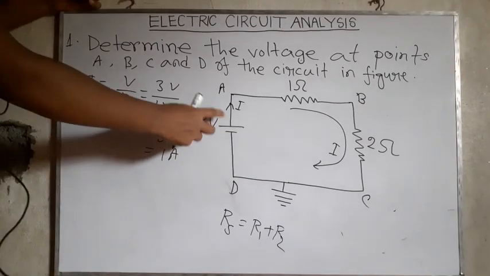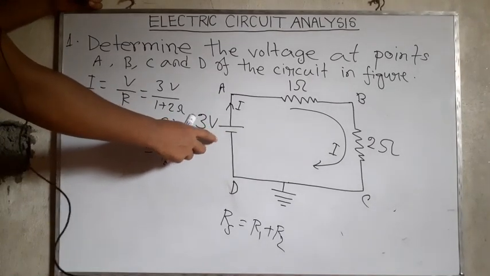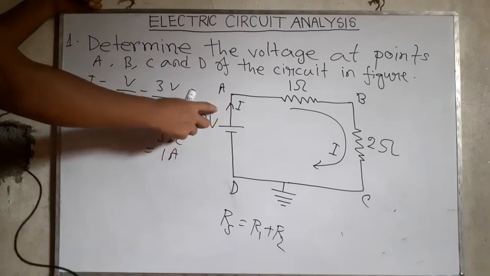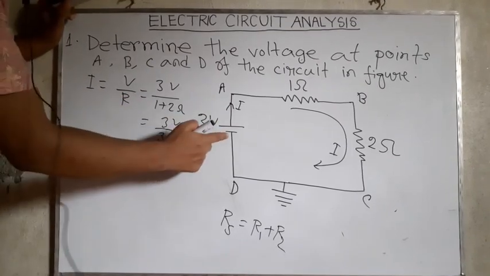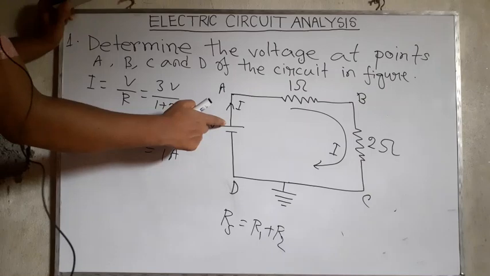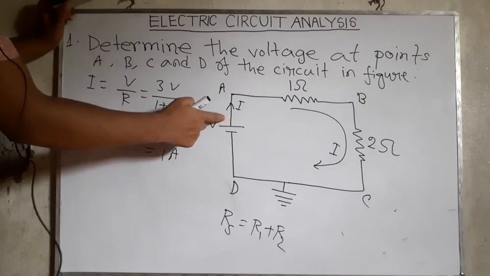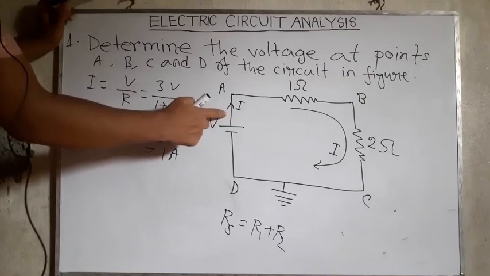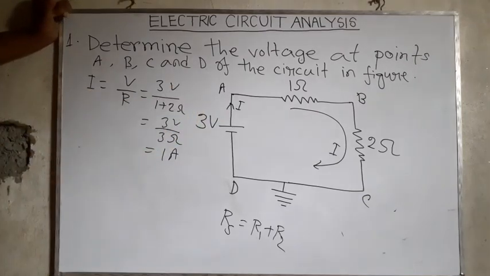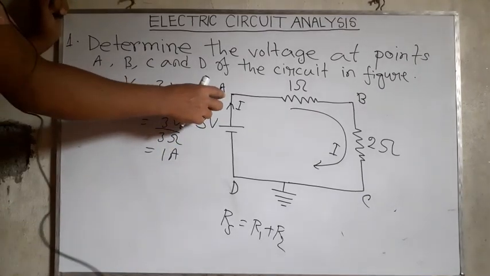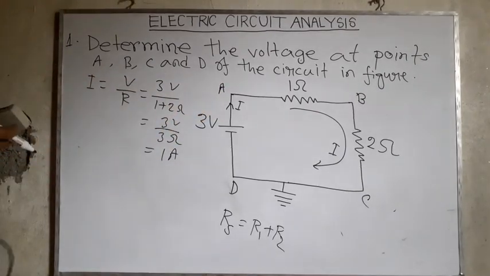As the voltage of the cell is 3 volt, the higher potential must be 3 volt, the lower potential 0 volt, and this part is higher potential, therefore it will be 3 volt. That is, the potential at point A is 3 volt.